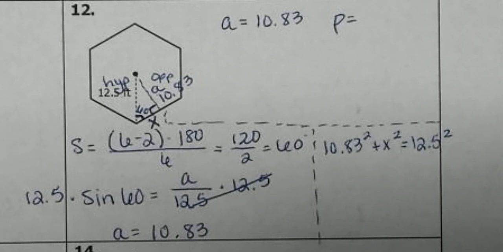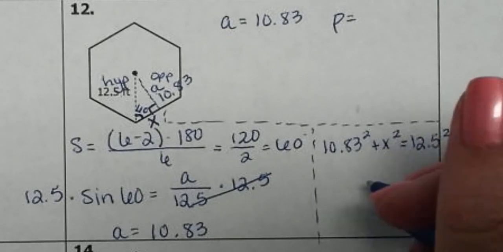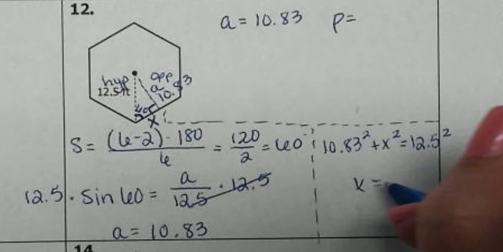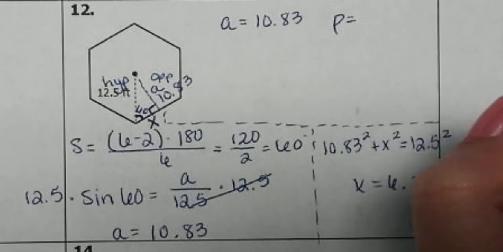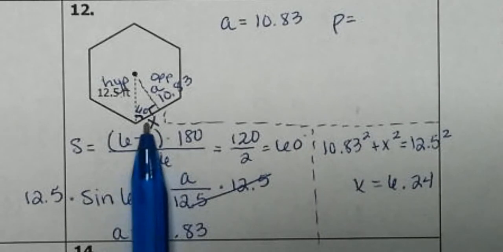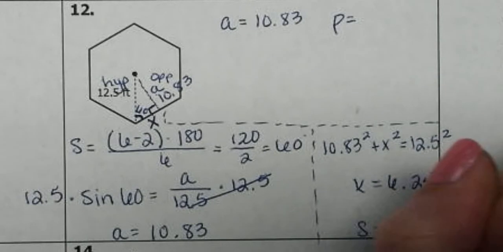So if you subtract the 10.83 squared from the 12.5 squared, and then take the square root, you're going to end up with 6.24 as just this part, only half of the side. So you got to multiply it by 2 to get the whole entire side, which is 12.48.